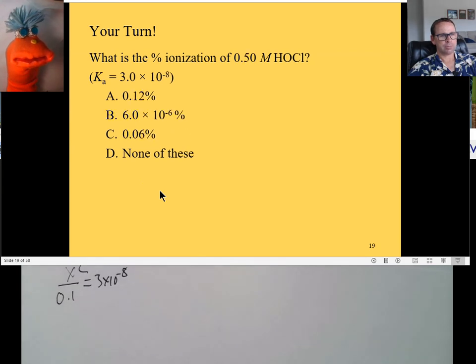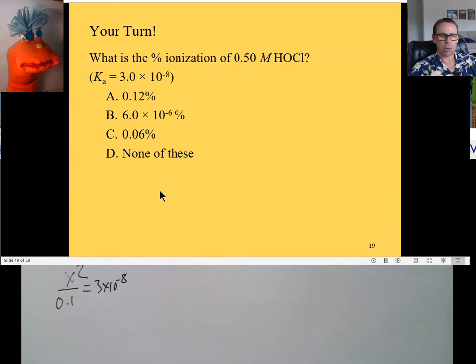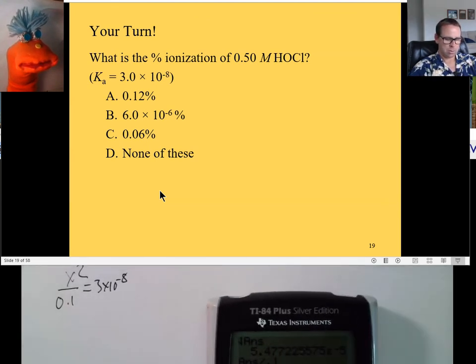How about this one here? I guess you can't just multiply it by 5, can you? No, you can't, because you end up with more.